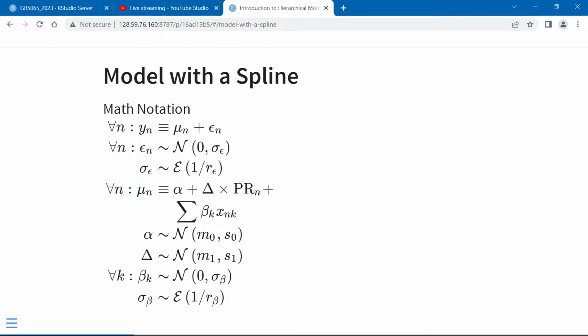And that error is distributed normal with standard deviation sigma of epsilon. And it looks like I made this mistake repeatedly today, with the standard deviations having this exponential prior with rate r over epsilon and expectation reciprocal of r. That was intended to be how we've done things all semester.